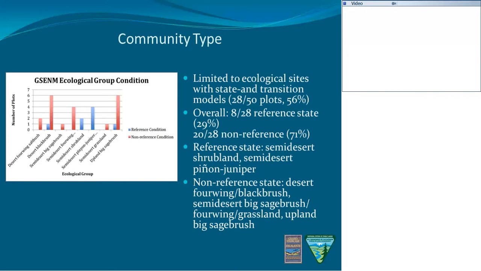And so if we just use reference state numbers for forage from ecological sites, we would generally over-predict forage availability. So in the set of points that we've done so far, we did find, in fact, that a little bit more than half of the plots that we sampled were not in the reference state.